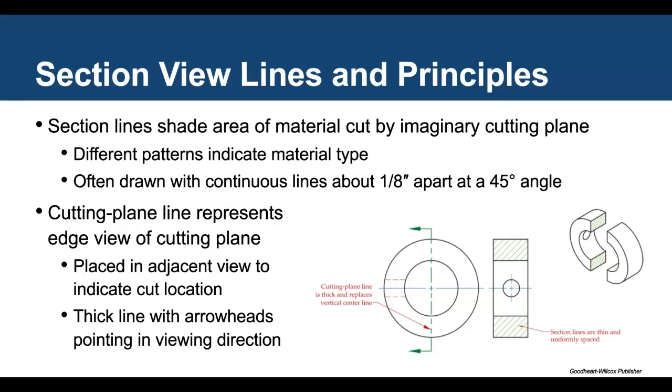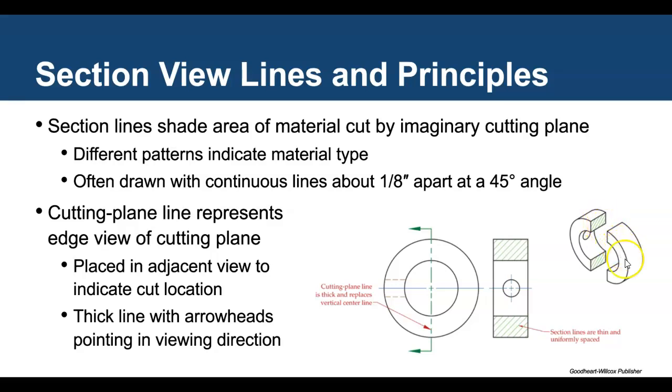So if you take a look at the drawing on the lower right hand side, you can see our cutting plane line here, and it is pointed to the left, which means that when we cut that out, you can see now here are the section lines, and that means we are looking directly at it from the right side view.